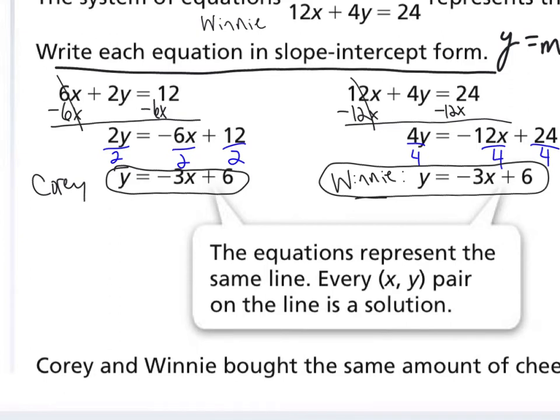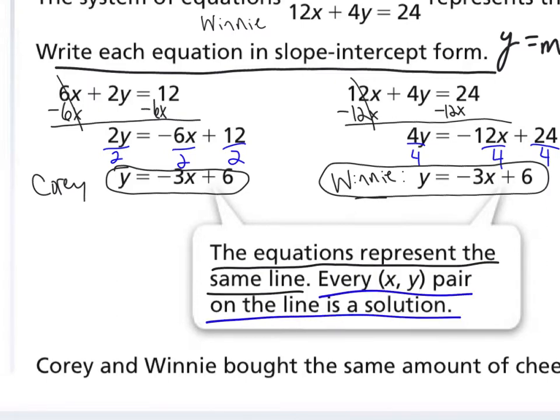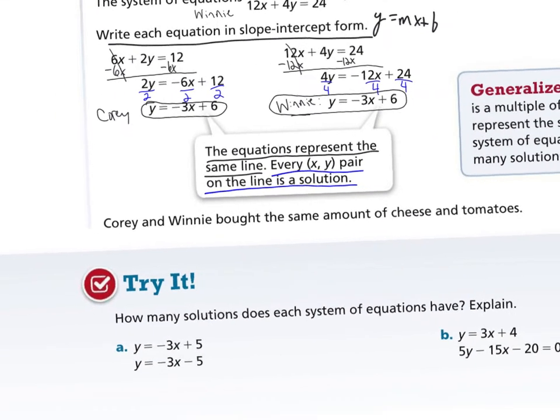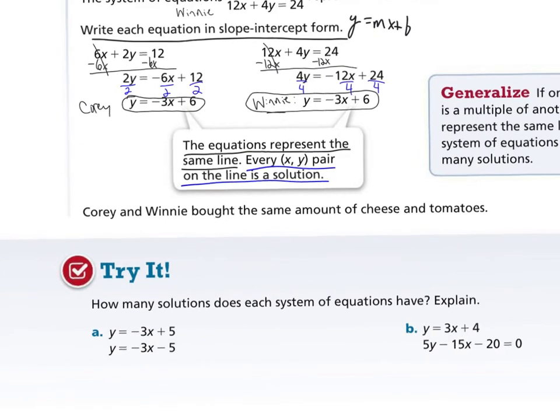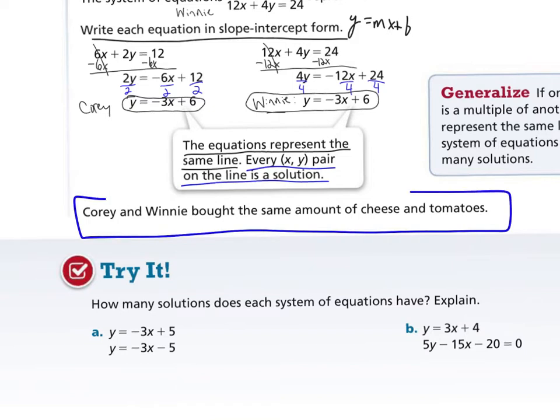So if you look at that, both those equations are the same. If they're the same line, every pair on the line is a solution. So with the information they gave us, they had to have bought the same amount of cheese and tomatoes.